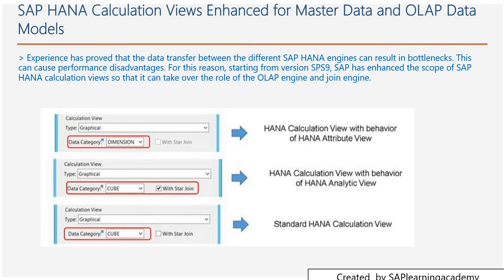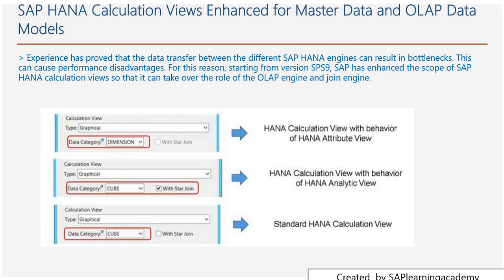In the previous slides we talked about these three engines, and we find some disadvantages, because if you are using different kinds of join conditions in one data model, then the performance can be affected.